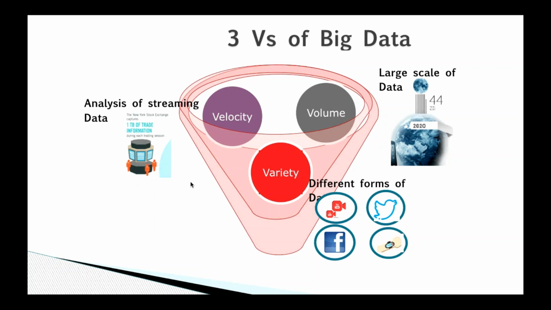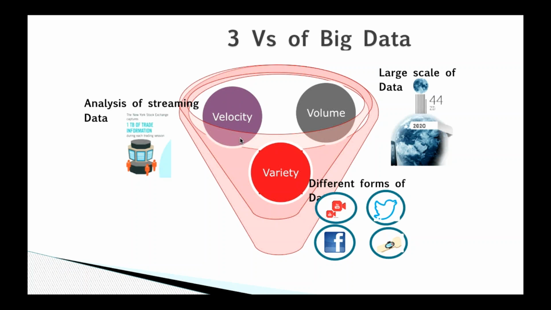So how did they catch that? Actually, they are analyzing the streaming data in real time. They're analyzing the data while it's coming into the system. This is analysis of streaming data.